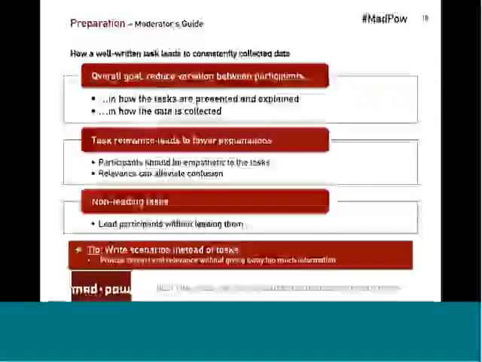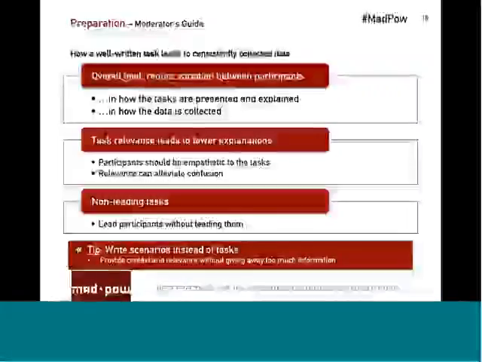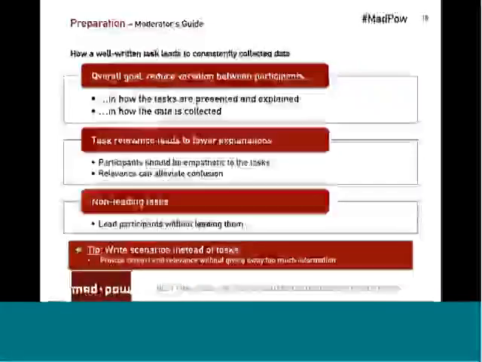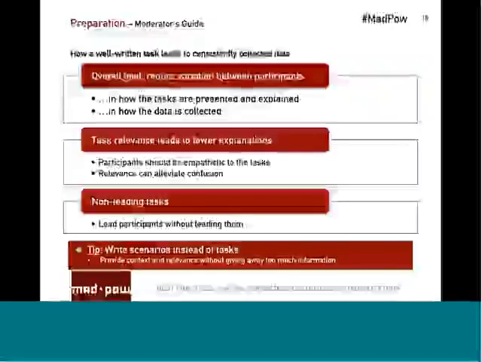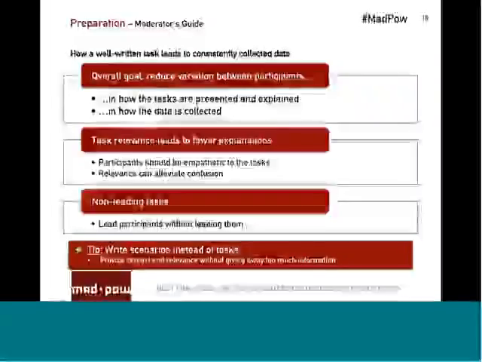But overall, you don't want to overword those non-leading tasks. Sometimes you get an overworded task because you're beating around the bush and trying not to lead the participant directly to the answer. But sometimes we overword it and it just leads to confusion. An example would be we were trying, again, not to lead the participant to this one link, but it was a very specific link name.